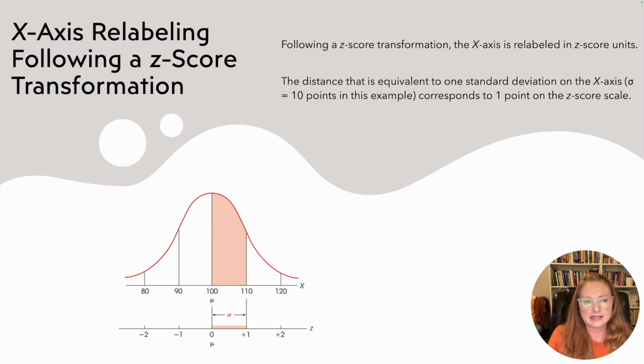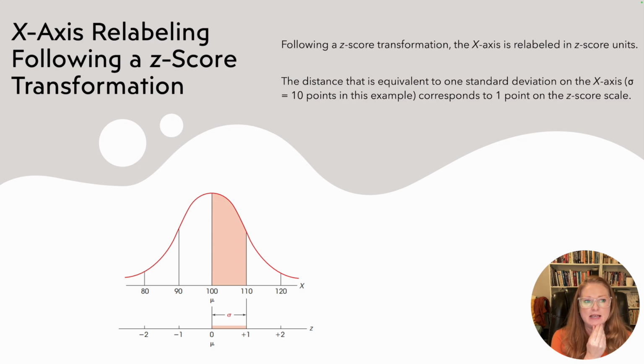Just really quick about x-axis relabeling following the z-score transformation. Following a z-score transformation, the x-axis is relabeled into z-score units or chunks. The distance now is equivalent to 1 point.